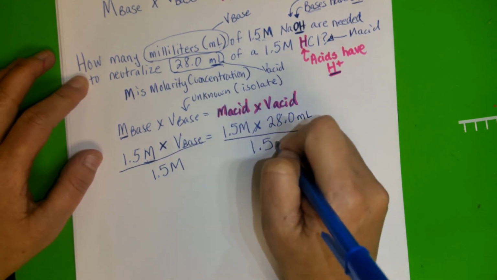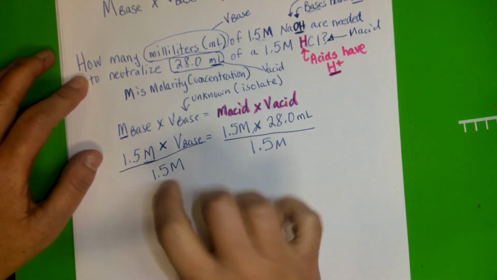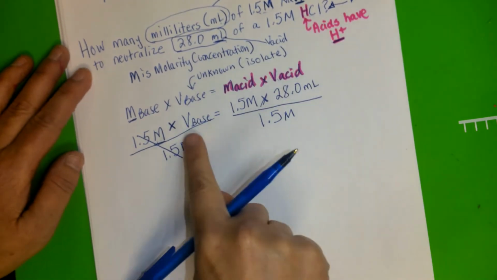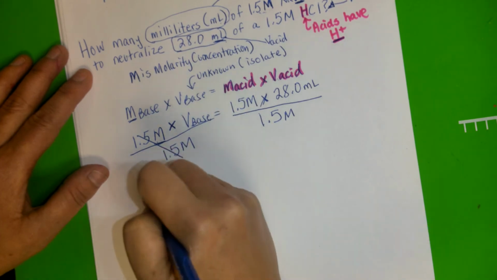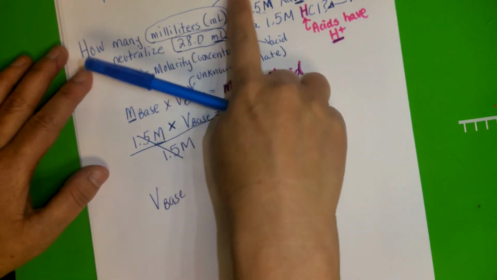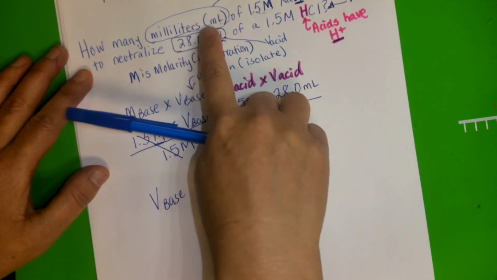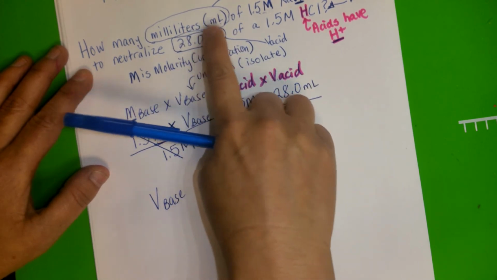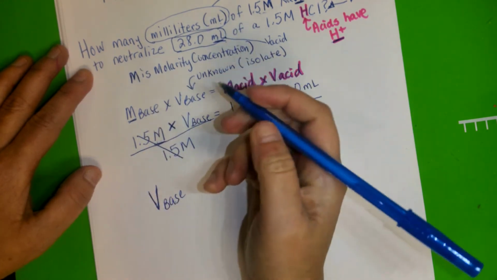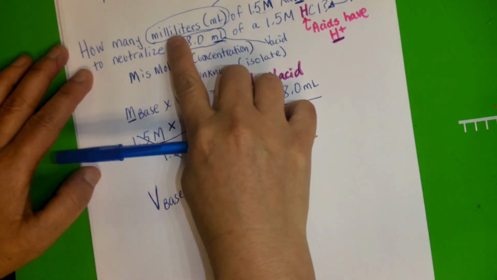Once you move that number, these cancel out. And guess what? The base volume, the milliliters, is the one we want to solve. Keep in mind that V means volume, which is milliliters.